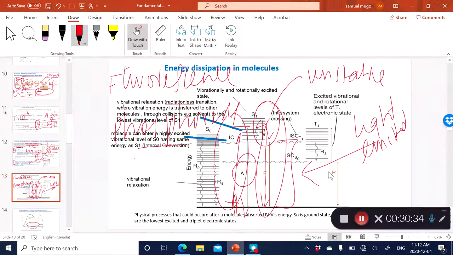Before phosphorescence happens, you can see there's another transition. An electron can be excited to a singlet, but it can transition to a triplet that is of equal energy. That transition from a singlet to a triplet is what they refer to as intersystem crossing. And so for phosphorescence to happen, you actually need this intersystem crossing to happen.